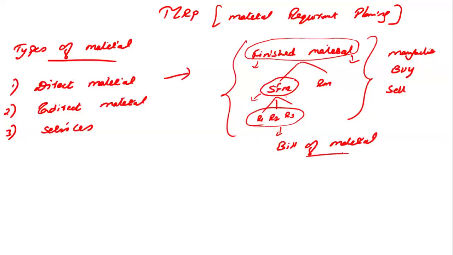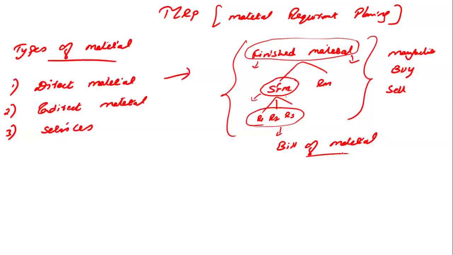So basically your raw material, your semi-finished material, and your finished material, which are linked with bill of material, where you're buying this material, processing this material, and selling this material. So all these materials, all this process would be considered as the direct material.